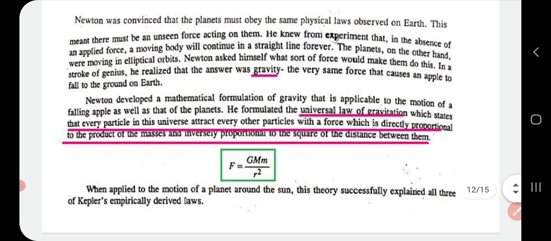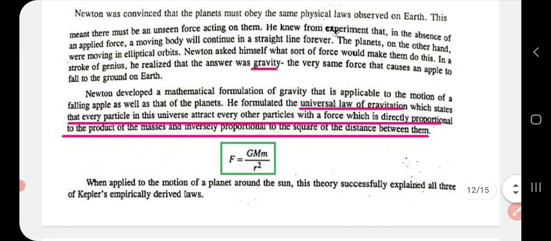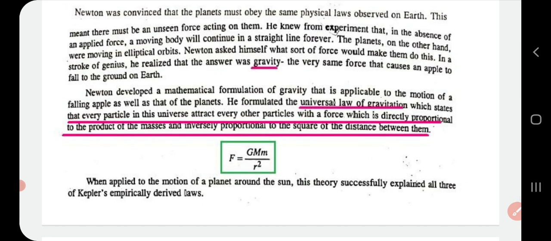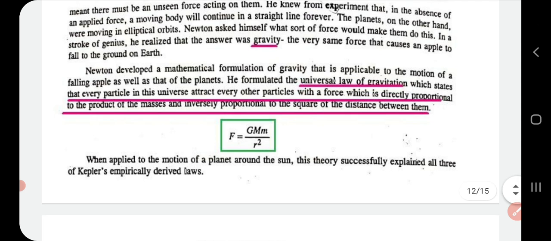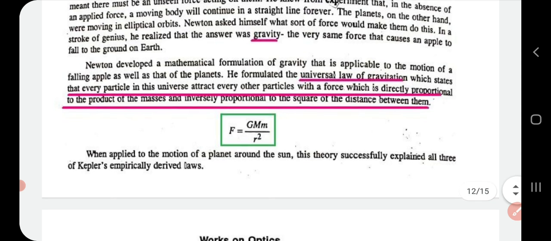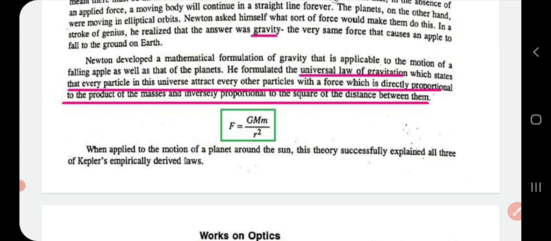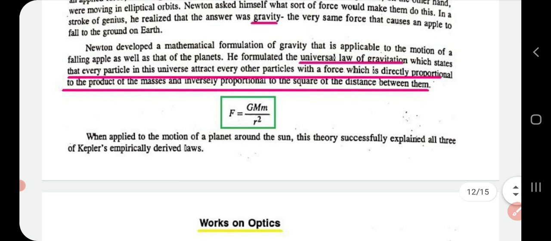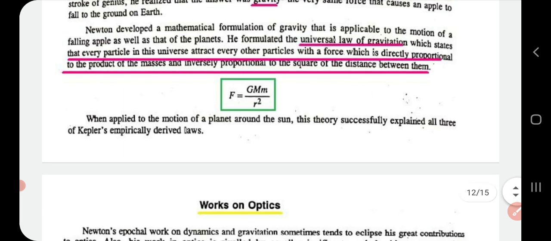So he developed the mathematical formulation of gravity that is applicable to the motion of a falling apple as well as that of the planets. Using this concept of gravity, Newton formulated the famous universal law of gravitation, which states that every particle in the universe attracts every other particle with a force F, which is directly proportional to the product of masses, written in the formula as m1 m2, and inversely proportional to the square of the distance between them, that is r.